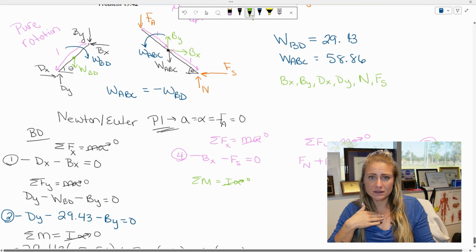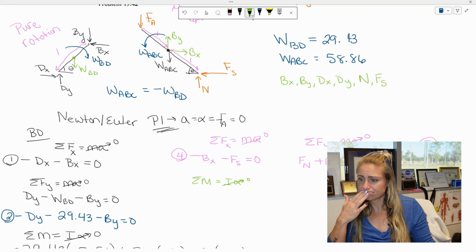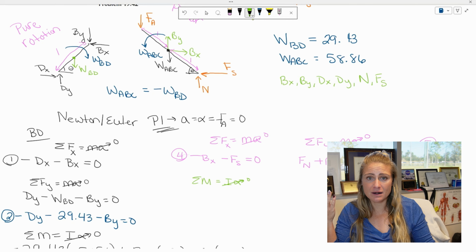So I immediately look and say, I really want to take these moments about C, because that will get rid of my Fs, because Fs is a function of position. It doesn't matter, though. You just need 6 equations, 6 unknowns. I just am going to choose to do it that way.